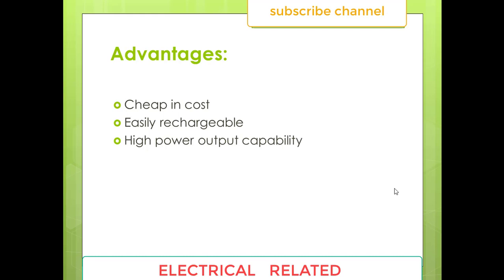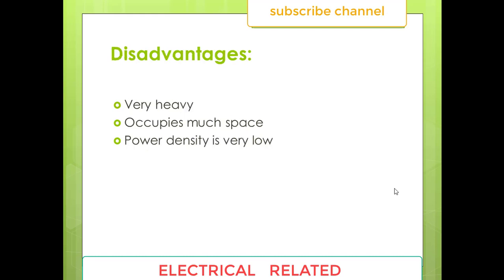As for the disadvantages, this type of battery is very heavy because it covers much more space and has much more weight as compared to lithium ion batteries, and its power density is very low, as I explained earlier.